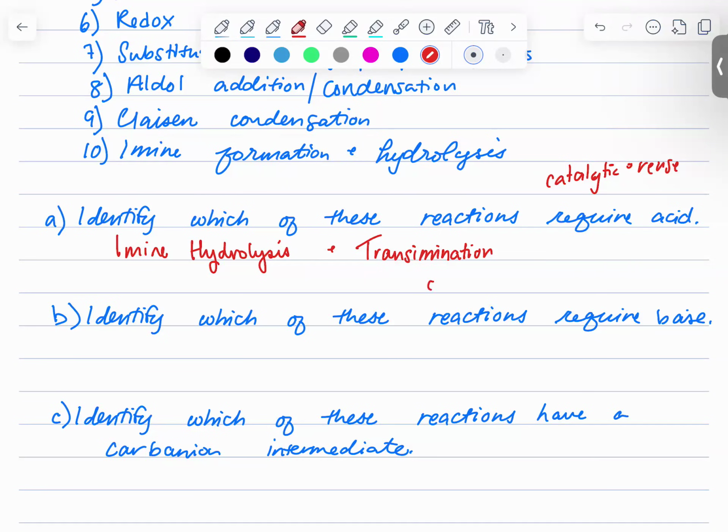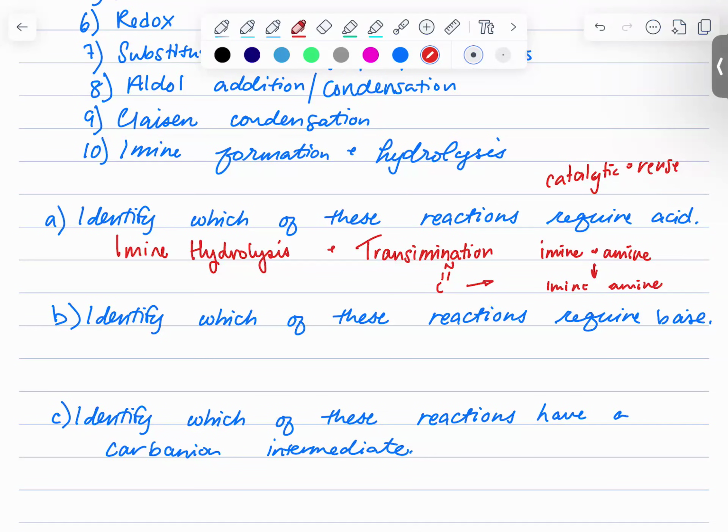Yeah, so we have a C double bonded to an N. And so a transamination is where we're going to change that nitrogen out for a different one. So you can recognize transamination reactions because they'll start with an imine and an amine, and they will end with an imine and an amine.